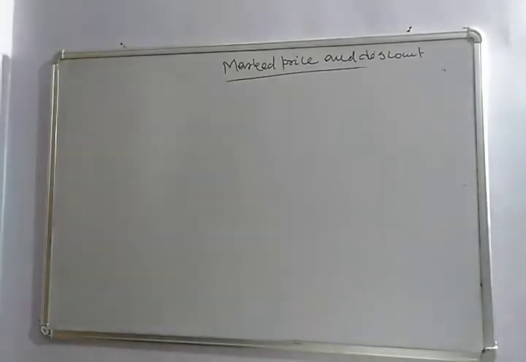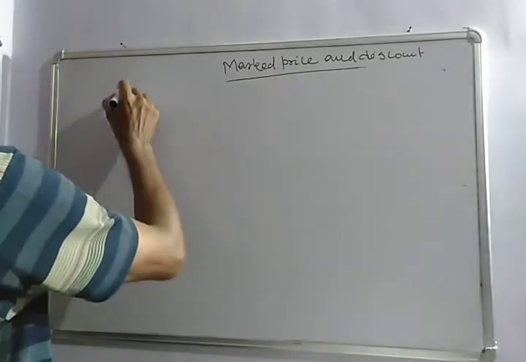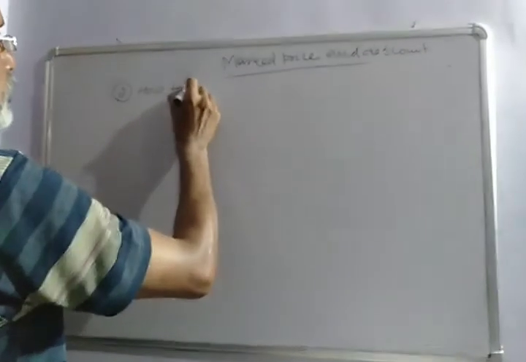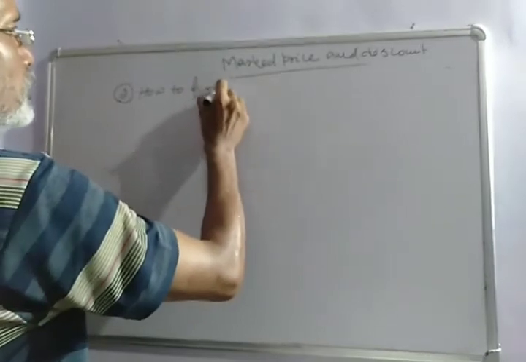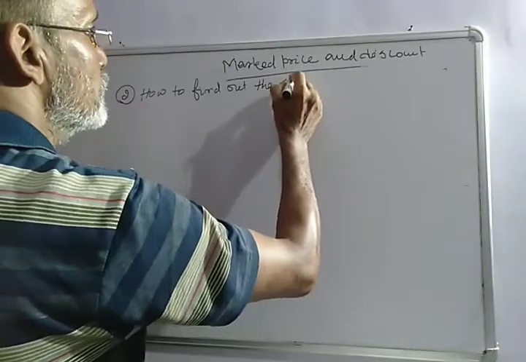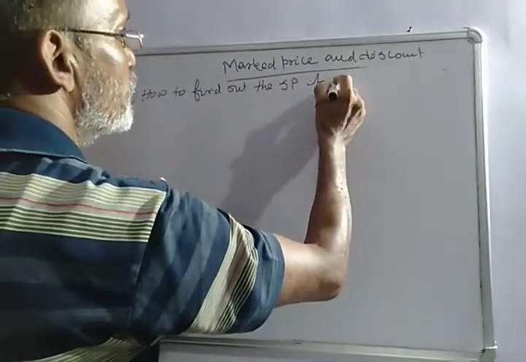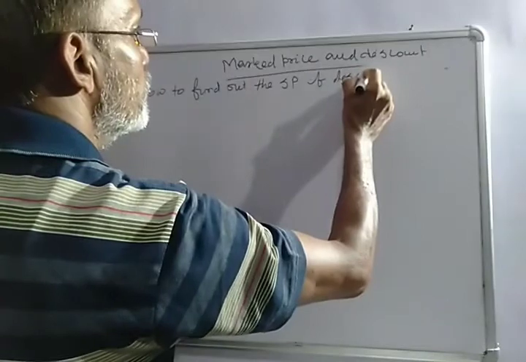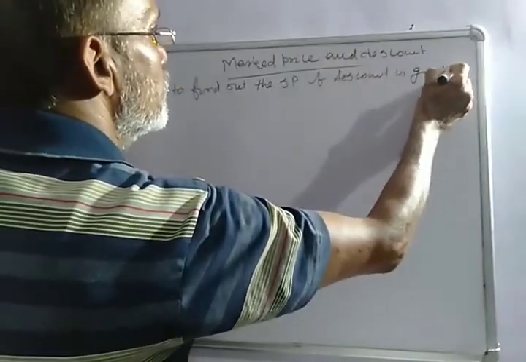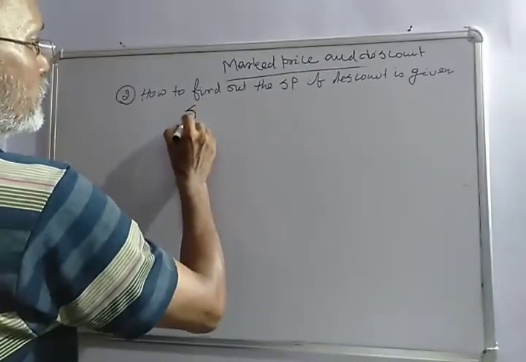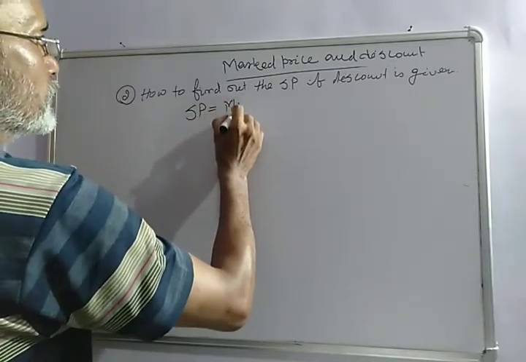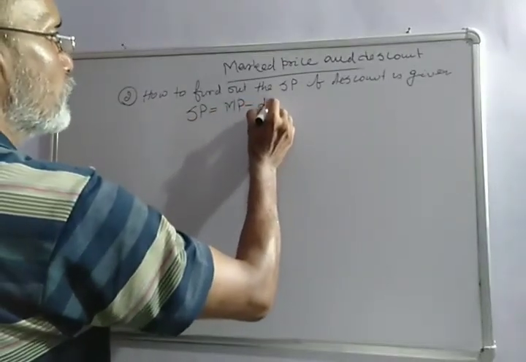Now, number 2, how to find out the selling price if discount is given. So selling price is equal to market price minus discount.